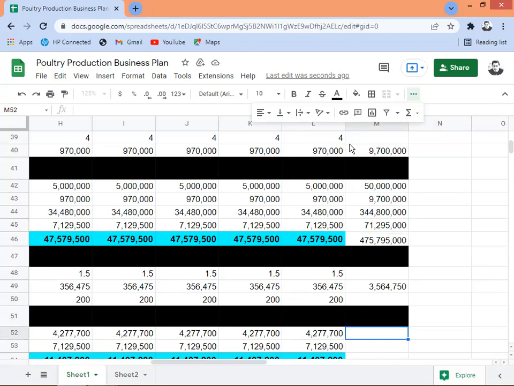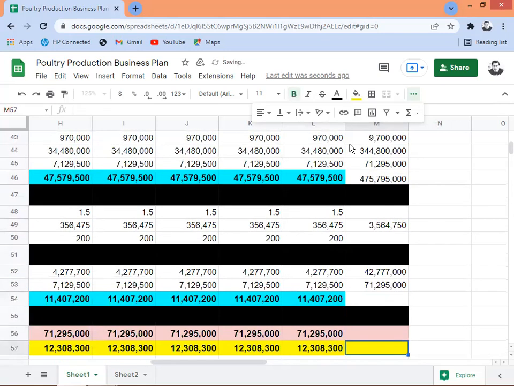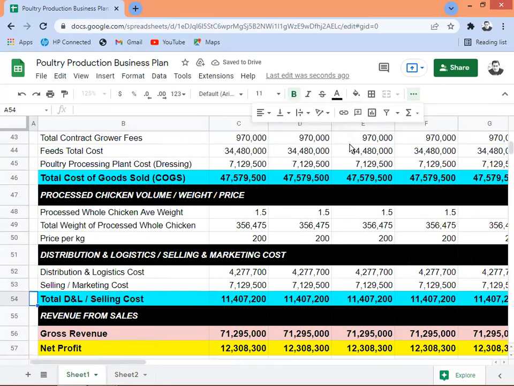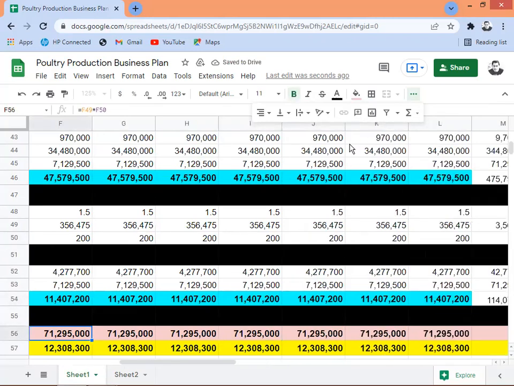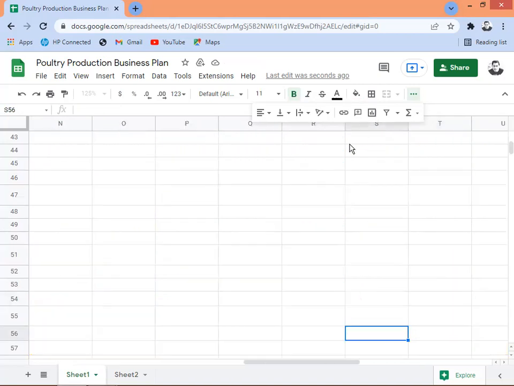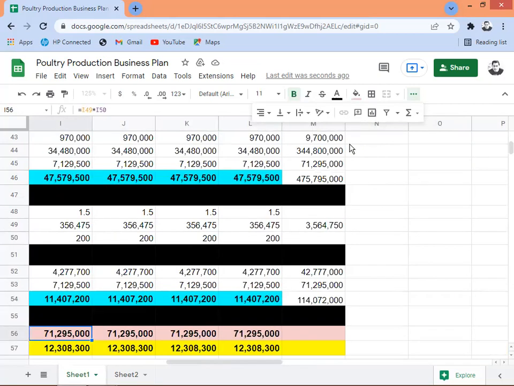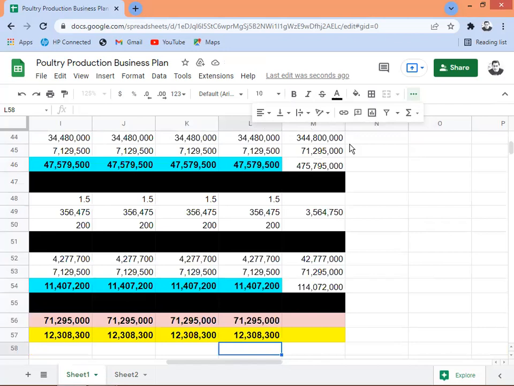Maybe this one is the selling cost, rather the distribution cost and the selling cost. This is the total selling cost and distribution cost, 114 million.